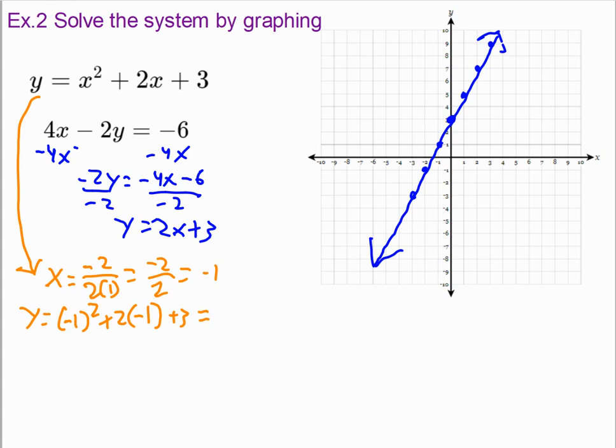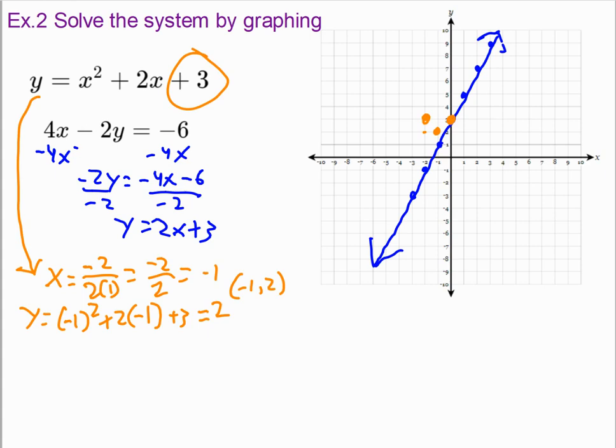And if I work that all out, I get 2. So my point is at negative 1, 2, which is close to my linear equation, but it's not quite there. Use my y-intercept here at 0, 3. And because that's 1 away, I can also go over here and use negative 2, 3, because they're symmetrical.